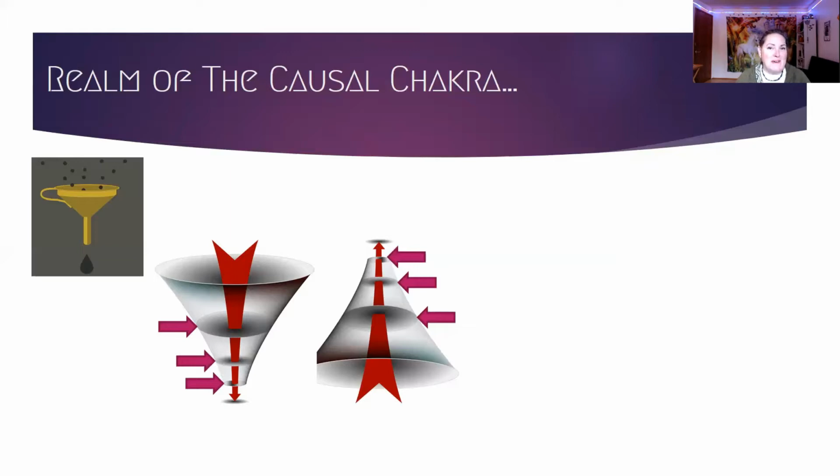So that's why that funnel system is in place. Now, the other two levels are our soul star chakra and our stellar gateway, which I'll be making future videos to talk about a little more. But just for now, we're talking about the causal chakra.